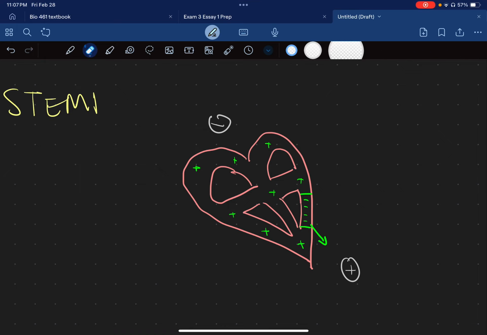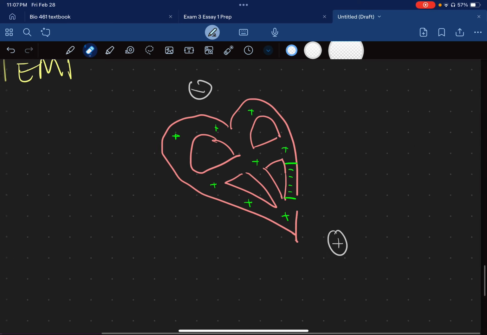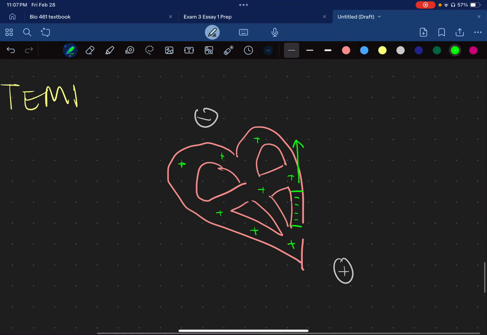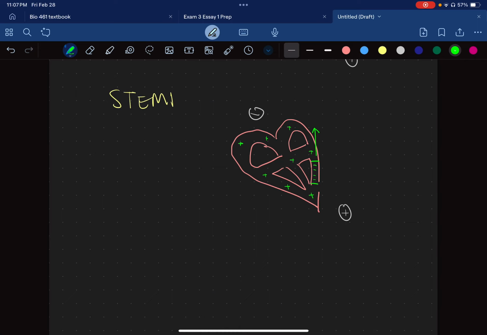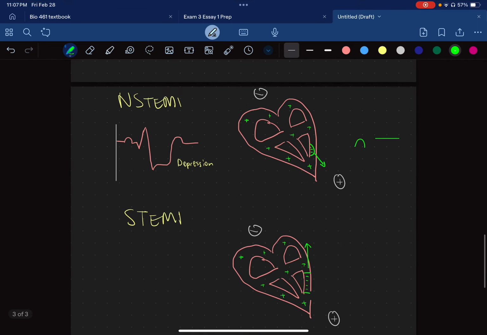Now this, instead of sending an arrow towards the positive electrode, is going to send an arrow more towards the negative electrode. So kind of up, but more towards the negative electrode. That's going to cause a dip in our normal baseline.